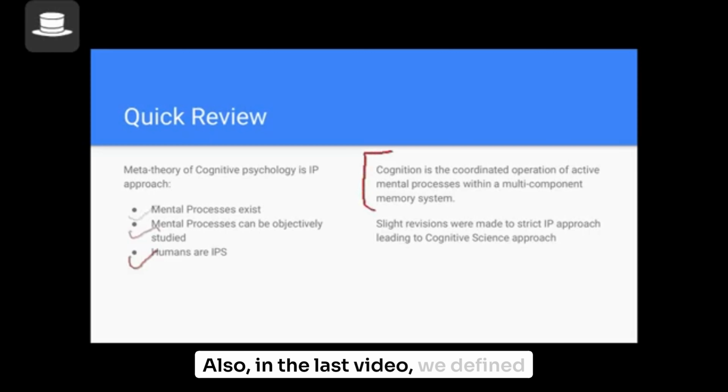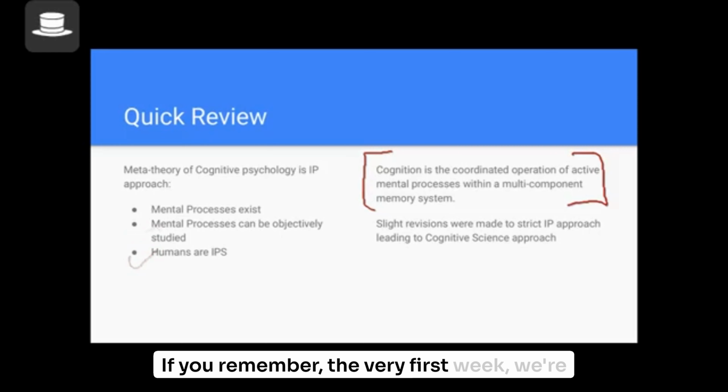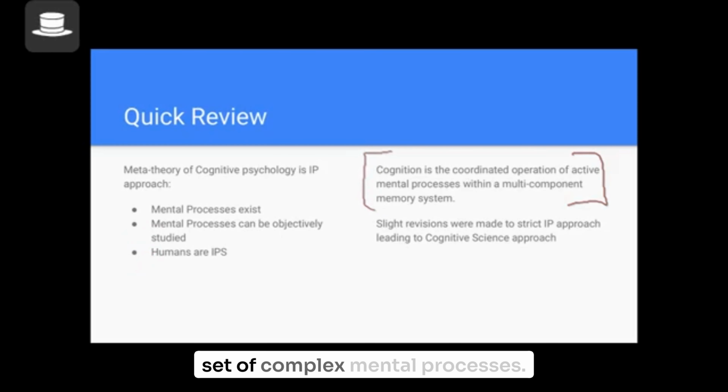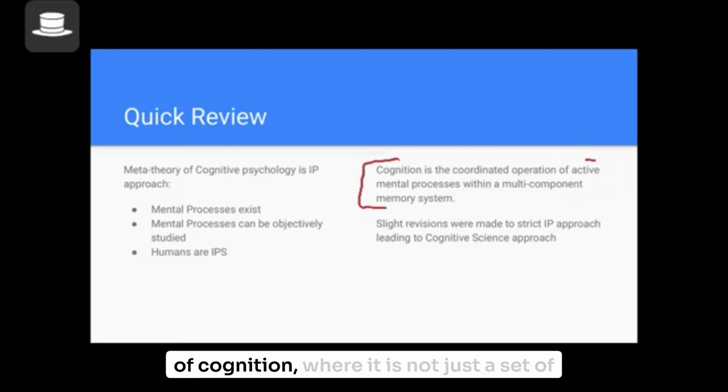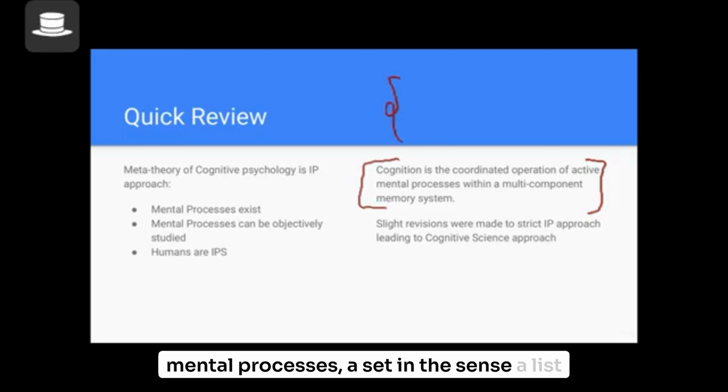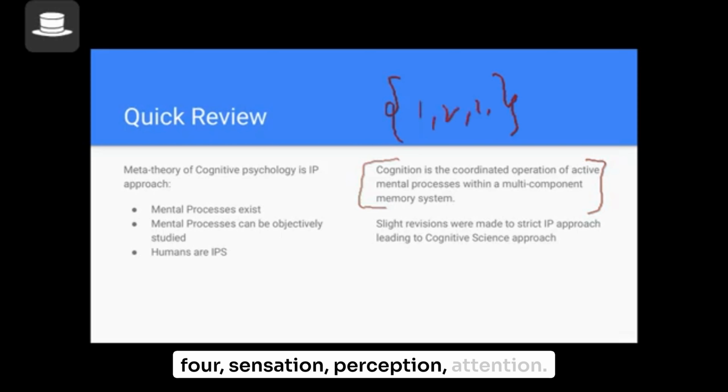Also, in the last video, we defined cognition. If you remember the very first week, in the big picture, we defined cognition as a set of complex mental processes. Now we have a more detailed definition of cognition, where it is not just a set, in the sense of a list of mental processes like one, two, three, four, like sensation, perception, attention.